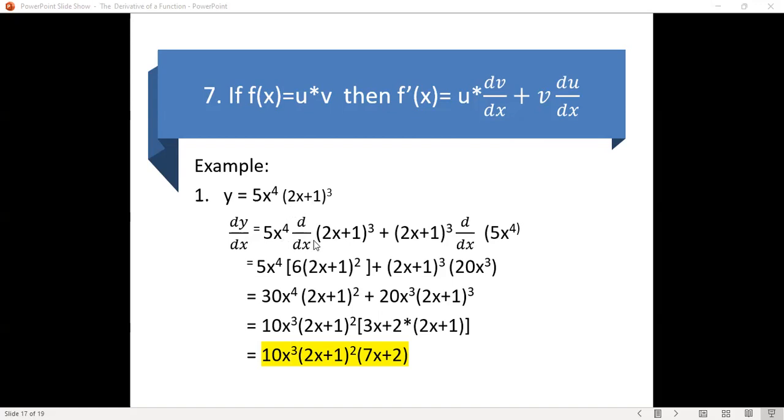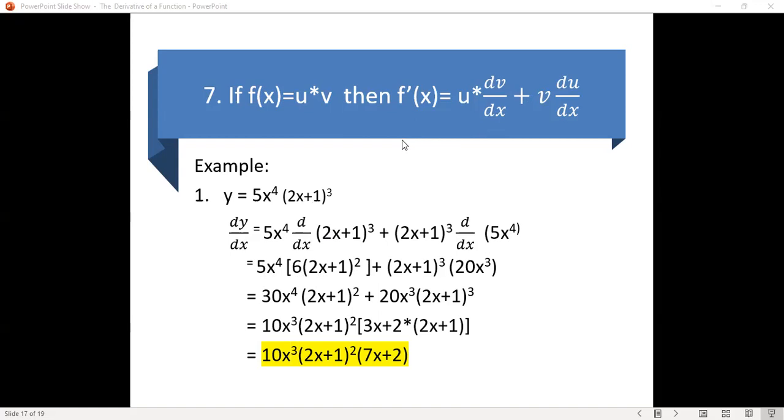Then we will take the derivative of 2x plus 1 cubed plus 2x plus 1 cubed multiplied by the derivative of 5x to the 4th. Okay, so we just copy 5x to the 4th. The derivative of 2x plus 1 cubed is 6 times the quantity 2x plus 1 squared. This is something that is solved already in the previous slide.